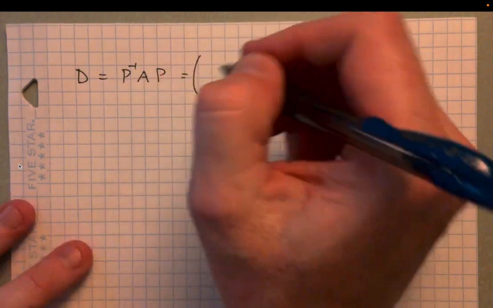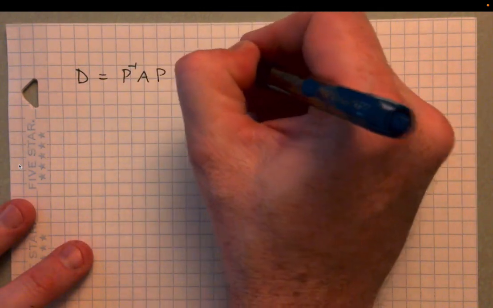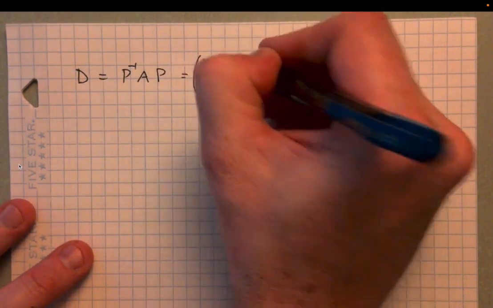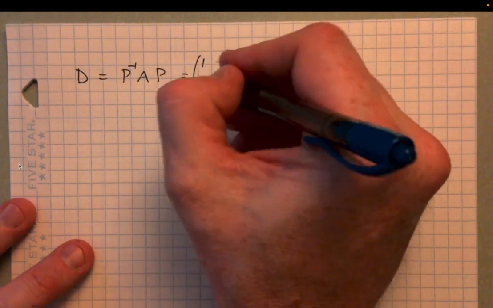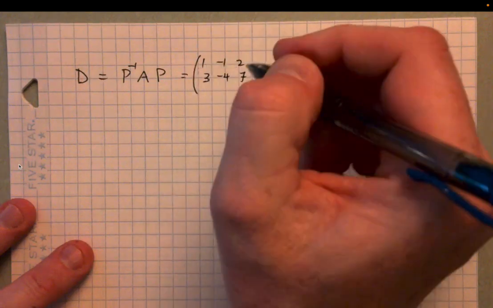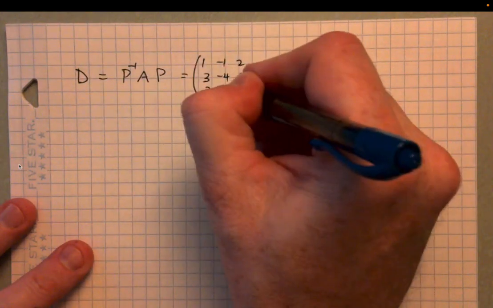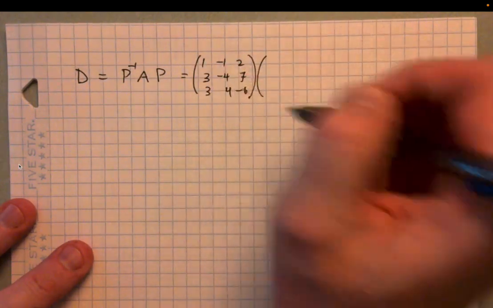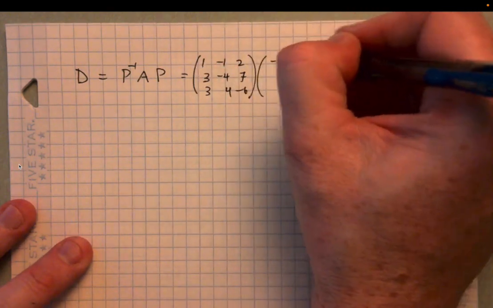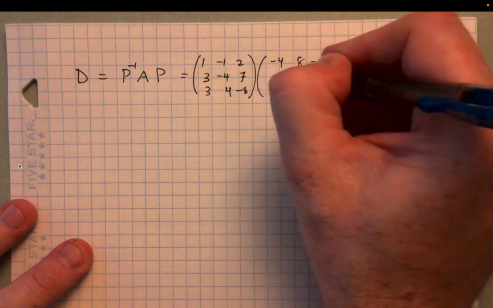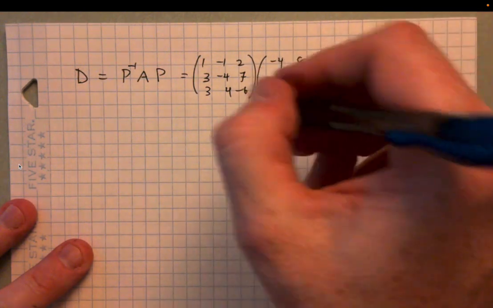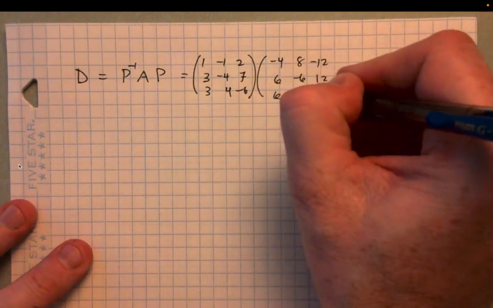Now, if you do this exercise, I highly encourage you to do it. Let's go ahead and write it all out. So P inverse, we found 1, -1, 2, 3, -4, 7, and 3, 4, -6. A was our original matrix: -4, 8, -12, 6, -6, 12, and 6, -8, 14.